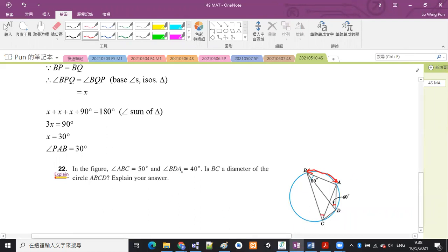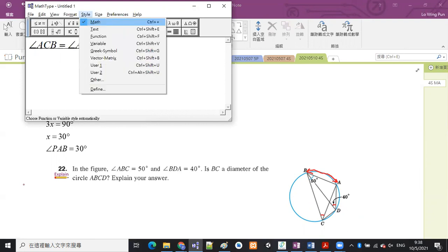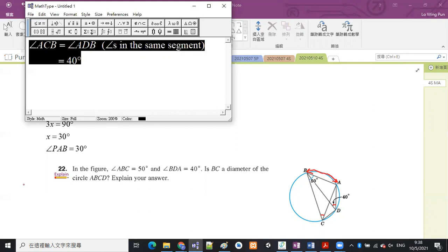So these two angles will be equal to each other. So angle ACD is equal to angle ADB, angles in the same segment. And they are both equal to 40 degrees.